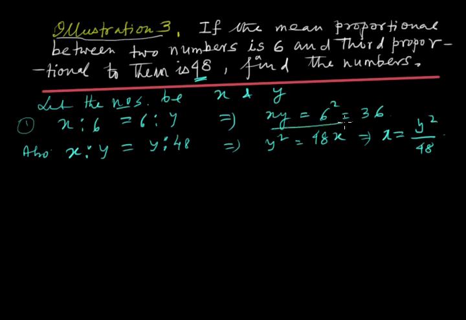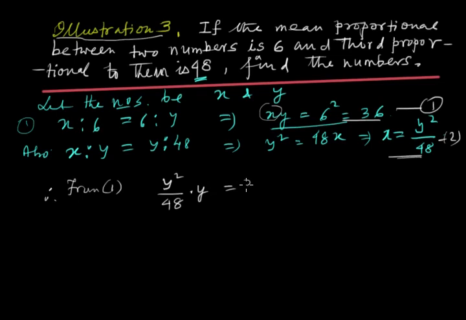So you already have the relation xy equals 36 from 1, and we are getting x equal to y square by 48. Putting the value of x here, we get y square by 48 into y is equal to 36.